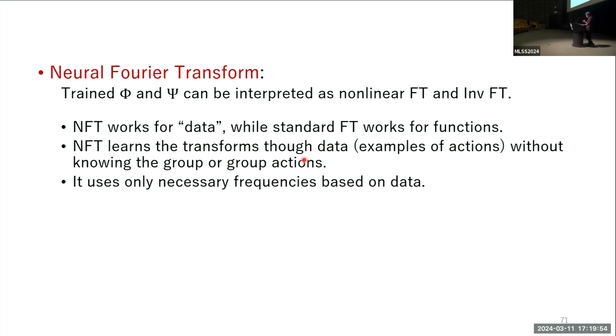And so this is a data-dependent Fourier transform. And for such data dependence, in the expression of the data, we can use only the meaningful frequency in the expression in the latent space.